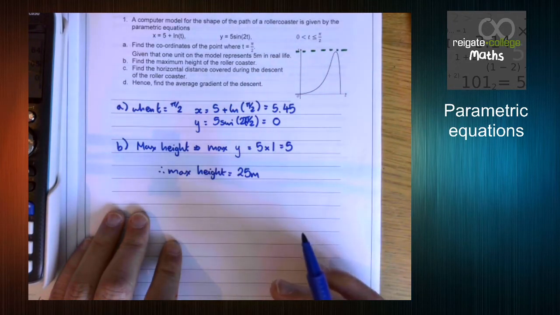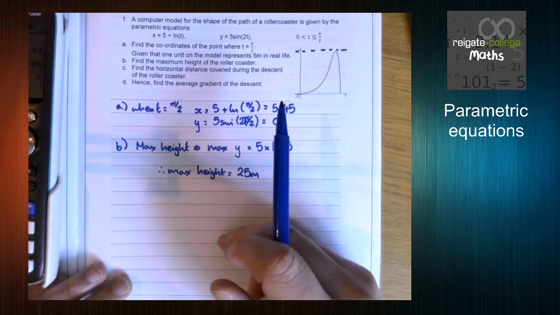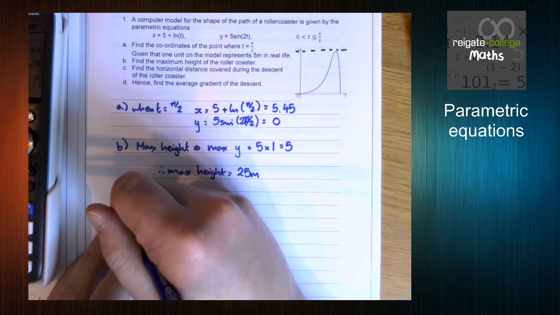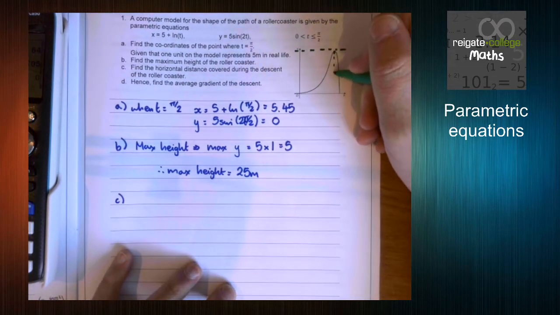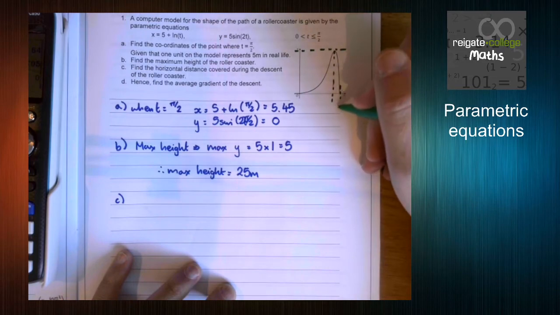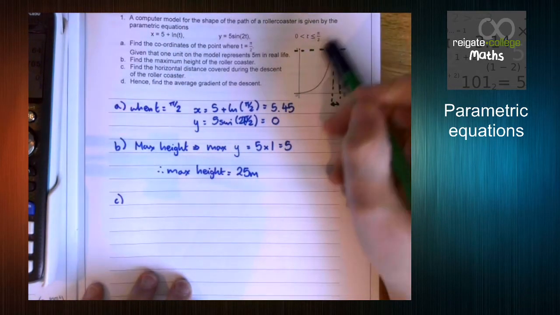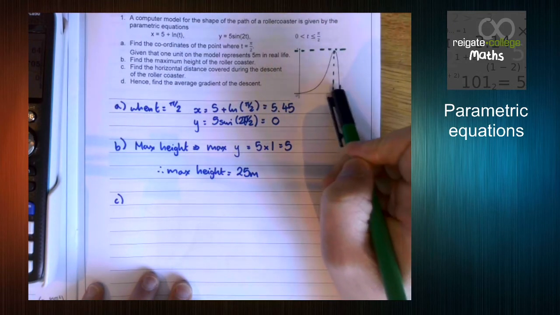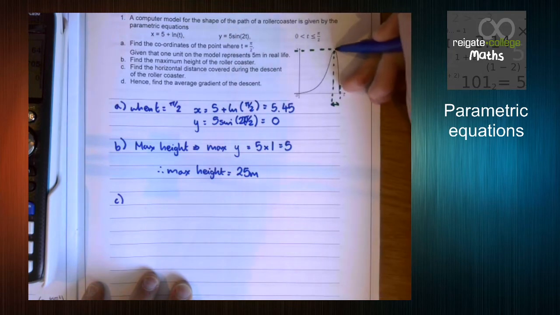Now, finding the horizontal distance covered during the descent. So thinking about it, we've got to find this distance travelled. Not through the whole thing, just when it's going down. So first we need to figure out the t value here.